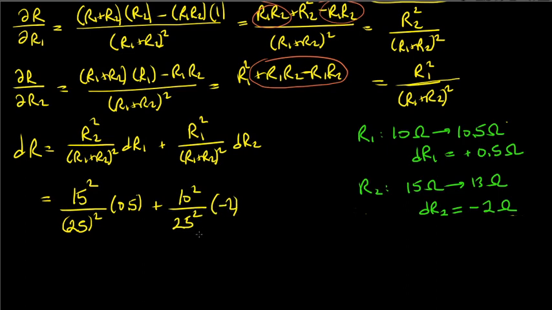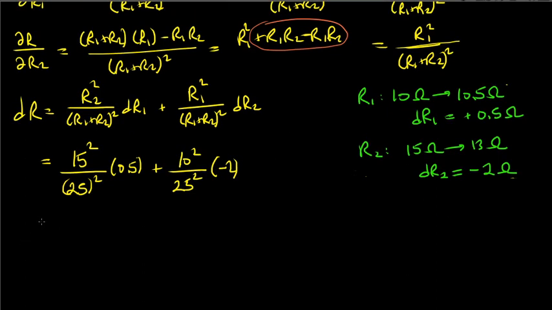Just throw all this in a calculator at this point. 15 over 25 is 0.6. So 0.6 squared is 0.36 times 0.5, plus 10 over 25 is 0.4. 0.4 squared is 0.16 times negative 2.